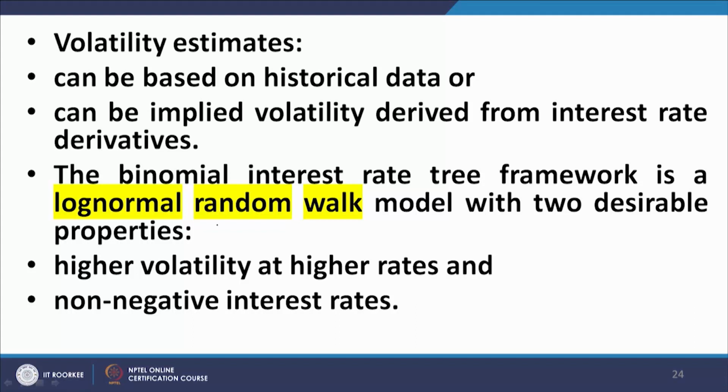For the moment, we can leave it as it is, but this particular model has two desirable properties: higher volatility at higher rates and non-negative interest rates. In other words, we can factor out negative interest rates in this model. We can confine ourselves to purely non-negative interest rates.